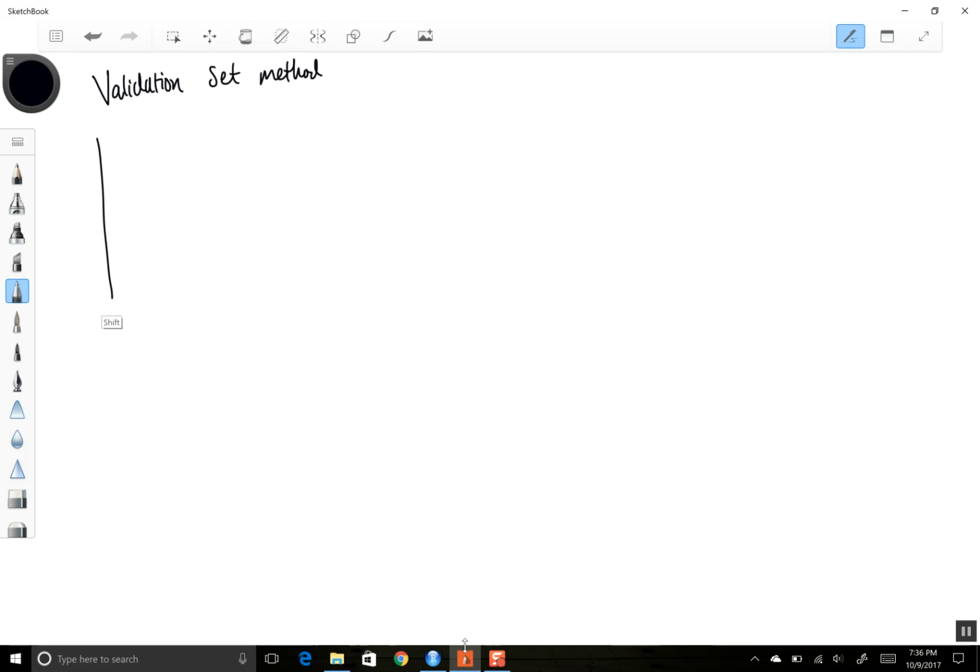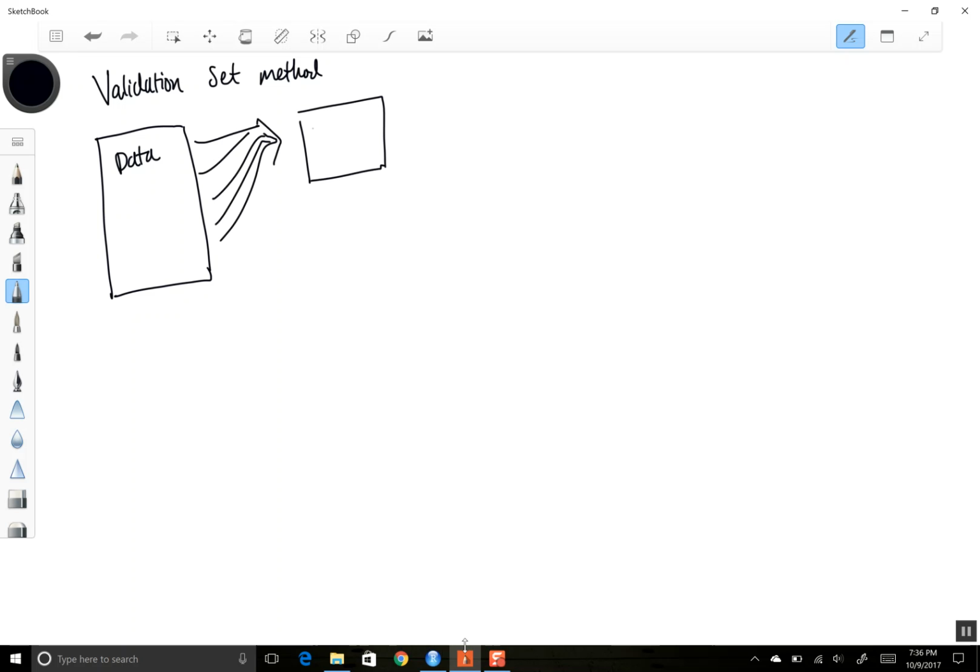And we take our data and then some of the rows go into your train.